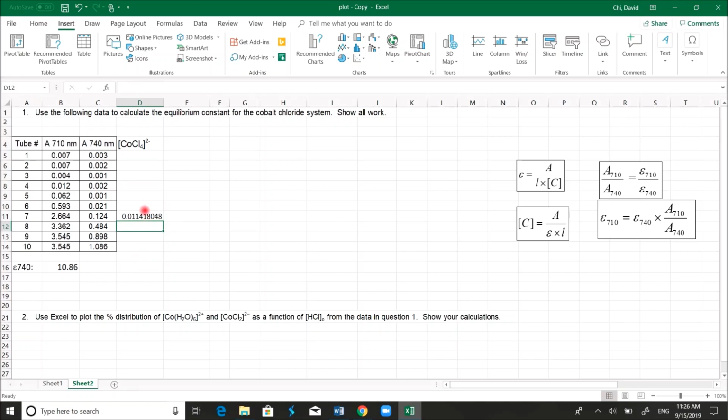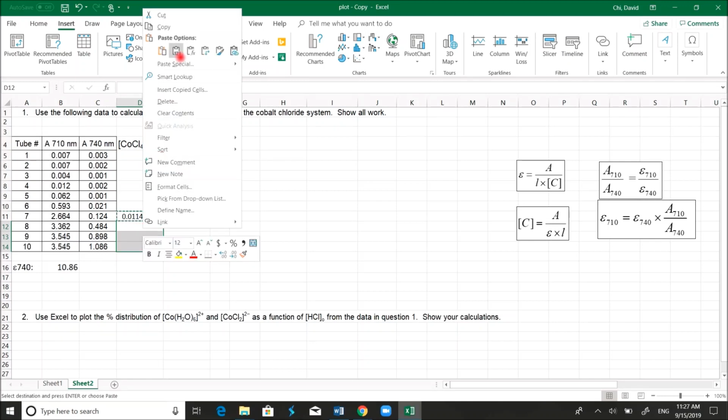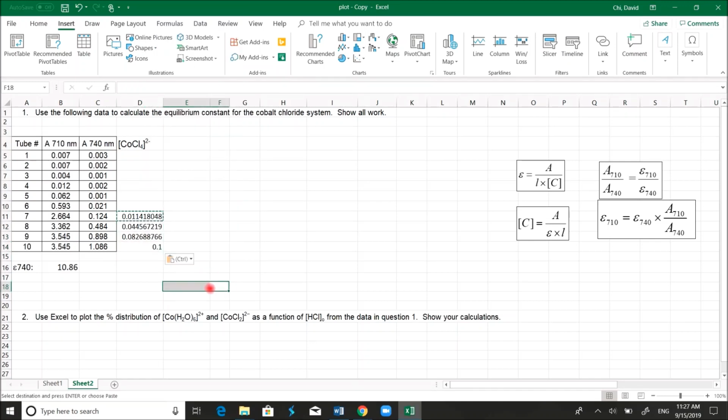All right, and that's the concentration for test tube 7. Then copy this equation and paste into the other cells. Not surprisingly, you get concentration 0.1 for test tube number 10.